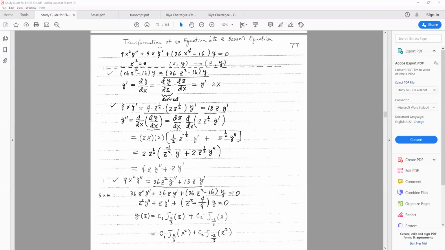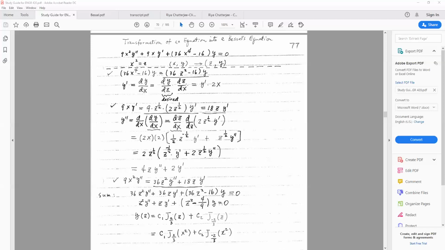Then if we look at the term in the middle, 9xy prime, we need a y prime. Y prime in this expression means the derivative of y with respect to x, but the new equation will allow us to have z only. For the derivative of y, it will allow only dy dz. Therefore, in order to make both sides equivalent, we have to activate the chain rule by adding one factor, dz dx.